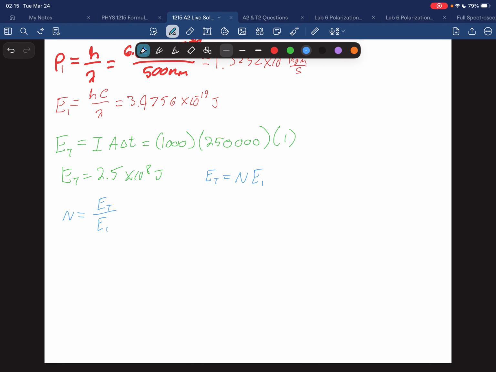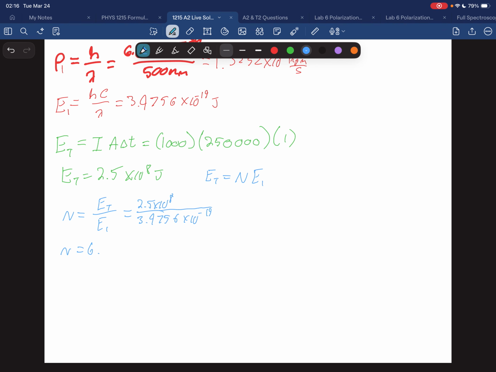So I have rearranged this for the number of photons. So this is going to be my 2.5 times 10 to the 8 divided by my 3.9756 times 10 to the negative 19. And I'm going to get something quite large.